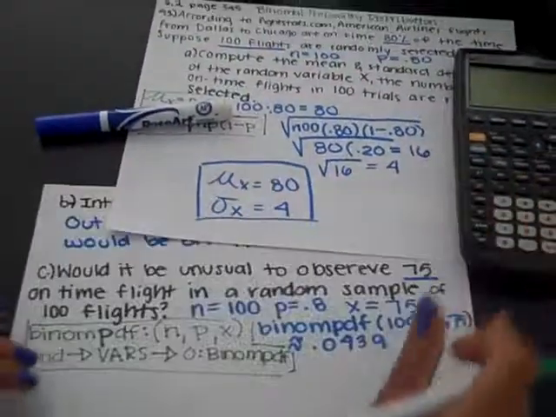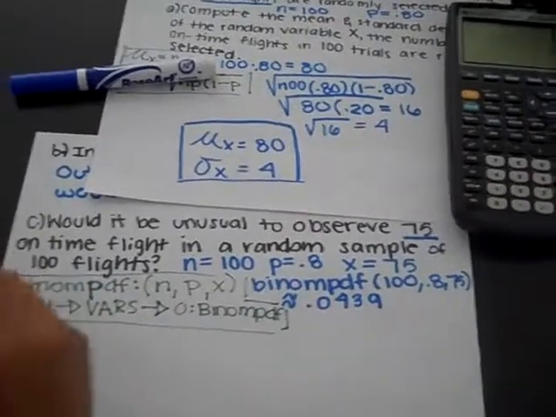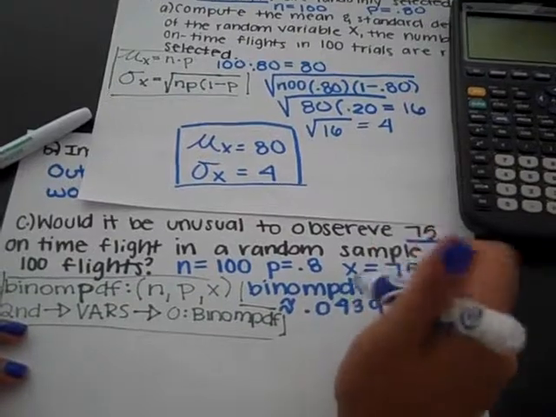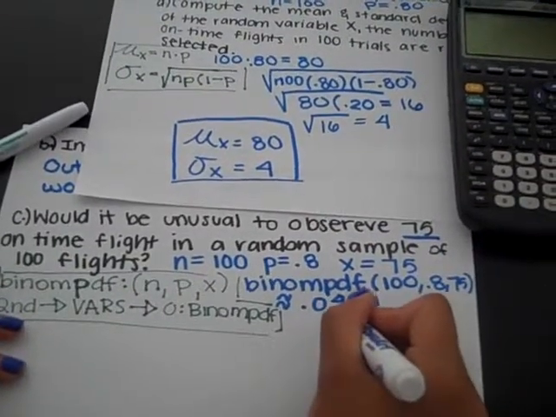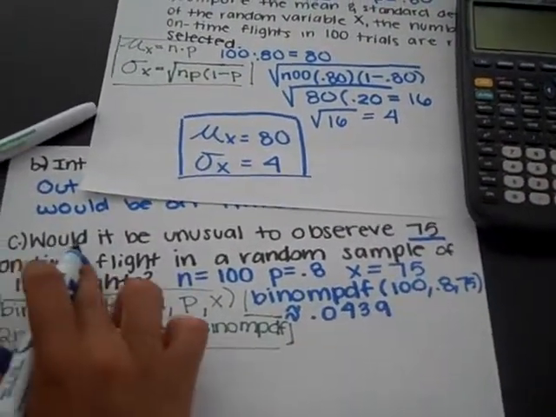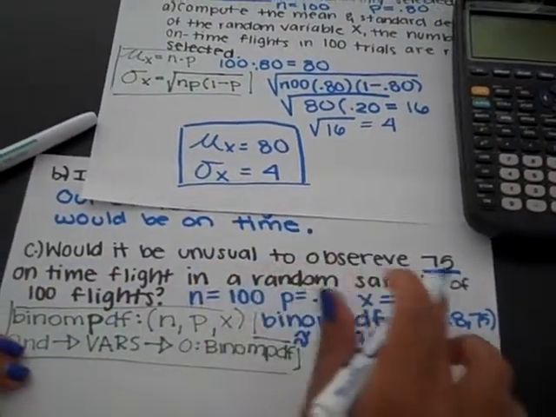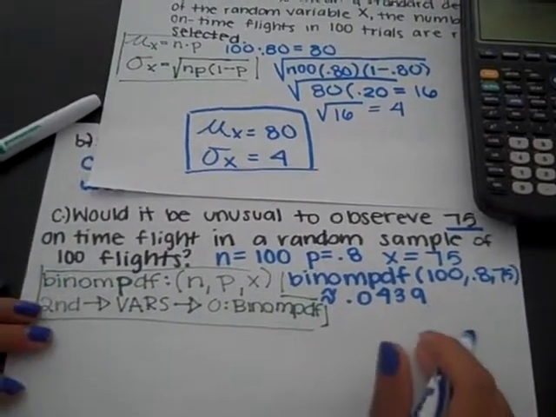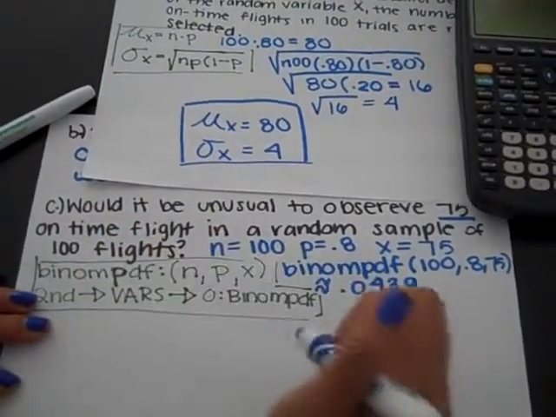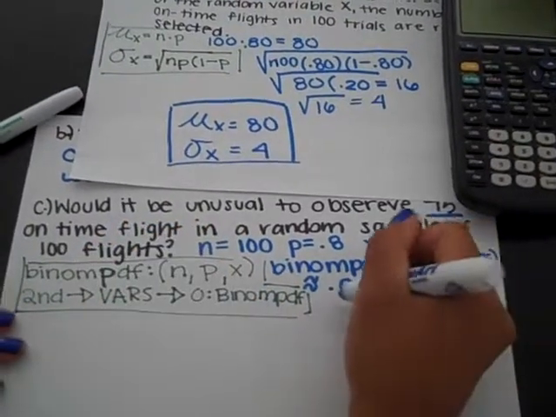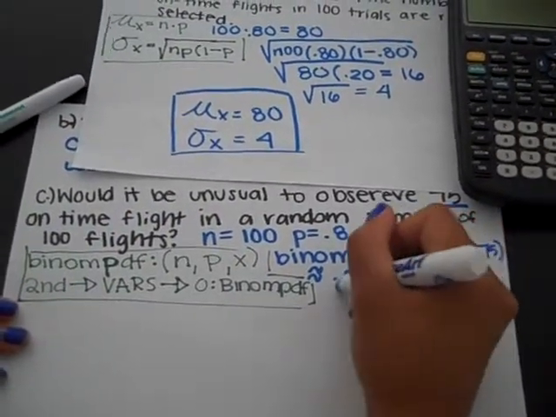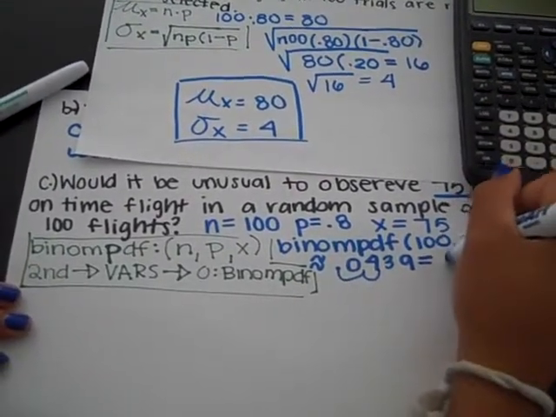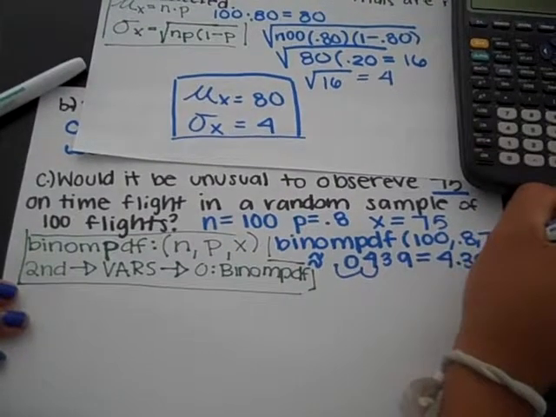Okay, so this is a probability, which is 0.0439. They asked, would it be unusual to observe 75 flights? And it would be unusual because 0.0439 converted into a percentage is 4.39%.